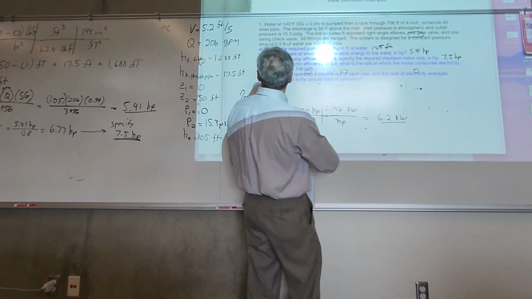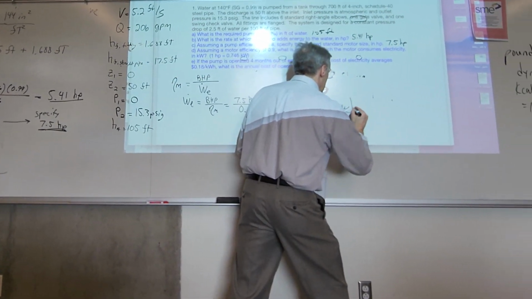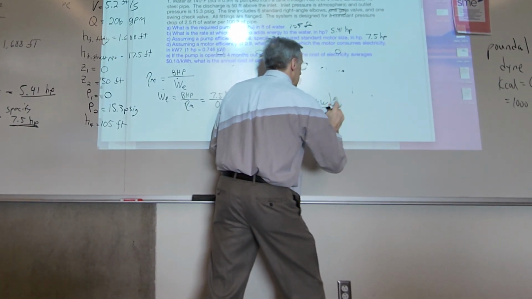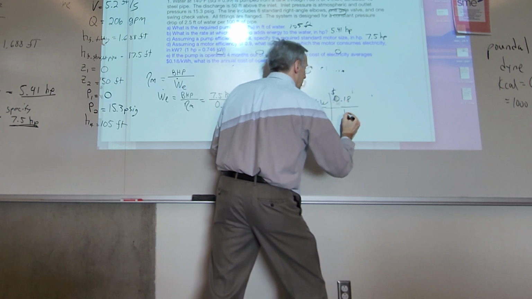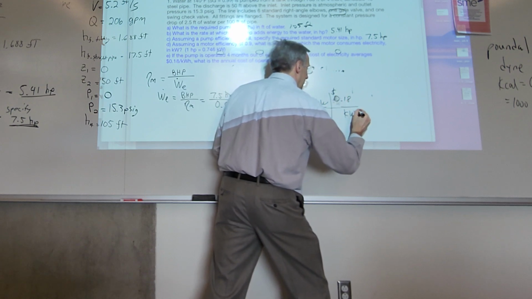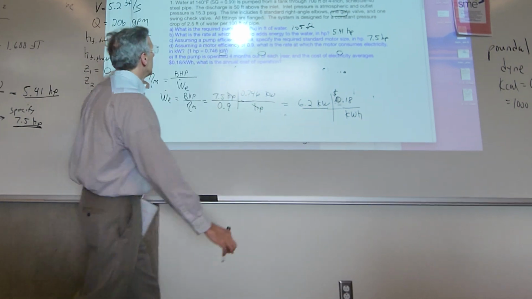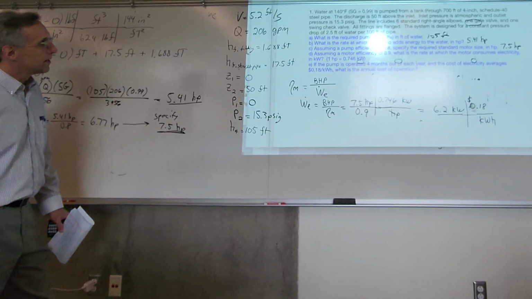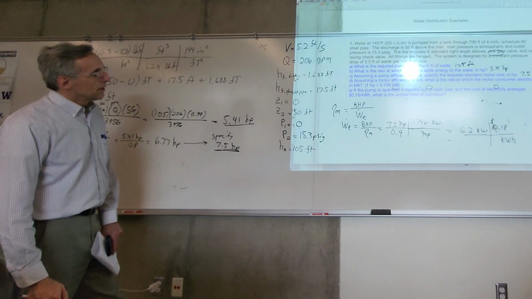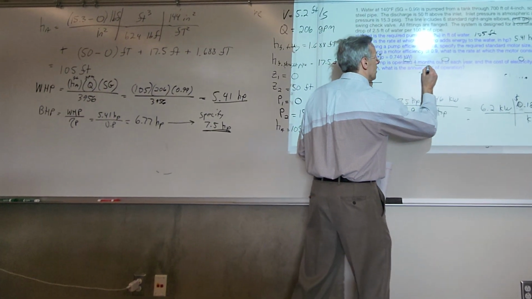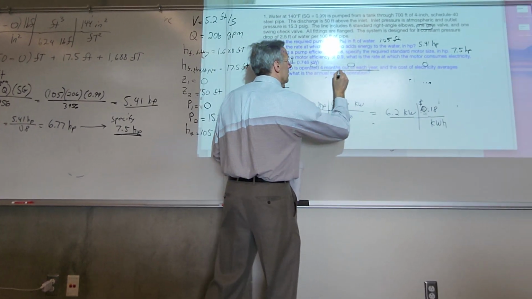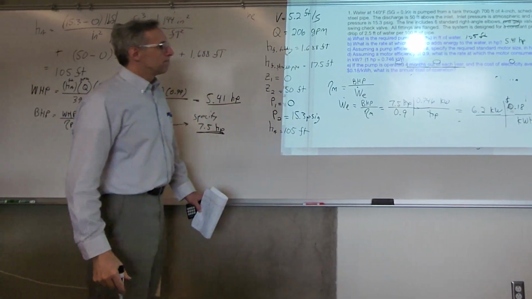We'll just say 18 cents per kilowatt hour, so $0.18 per kilowatt hour. And we're operating this about 4 months out of the year.